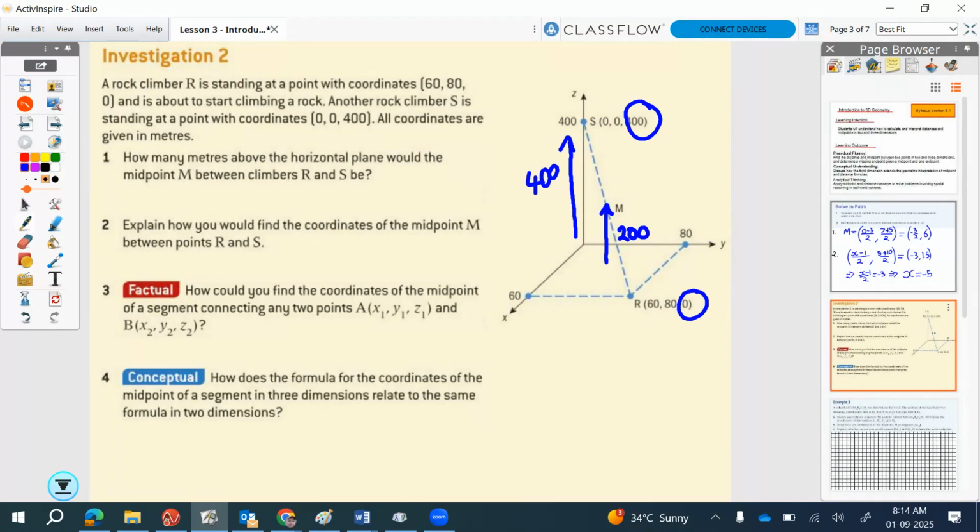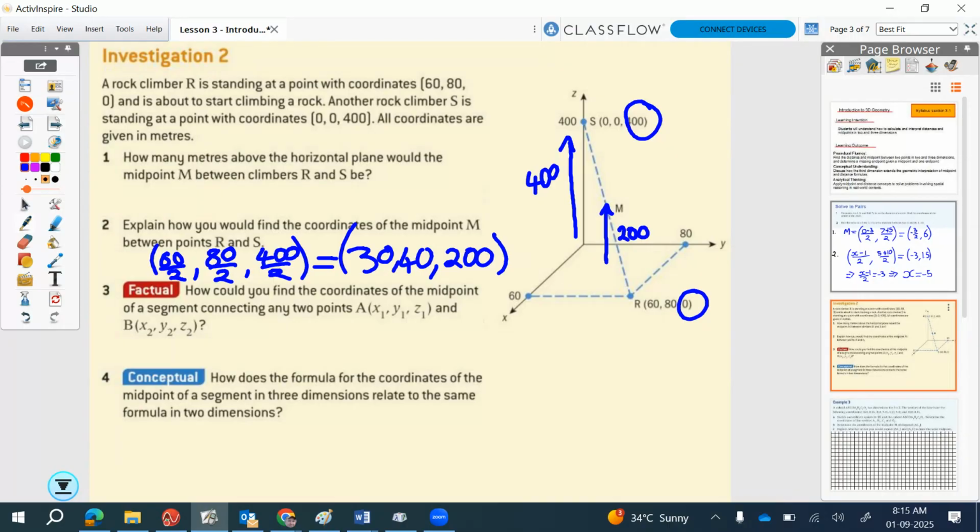We've got 60 plus 0 over 2. We've got 80 plus 0 over 2. And then we've got 400 plus 0 over 2. That's going to give us 30, 40, 200. That's the coordinates of the midpoint here.